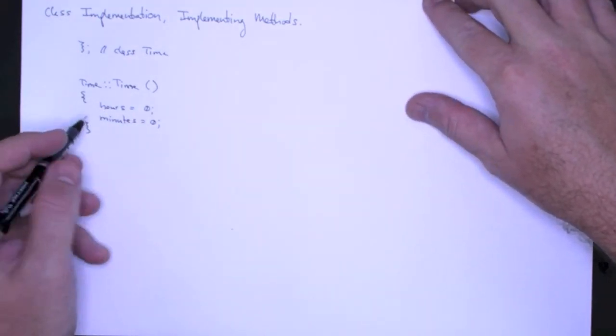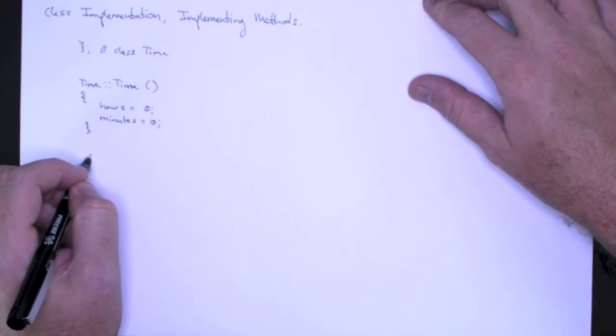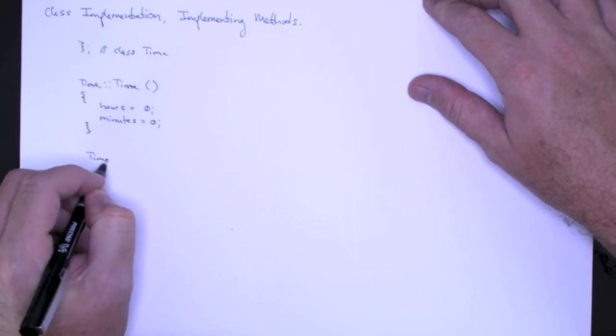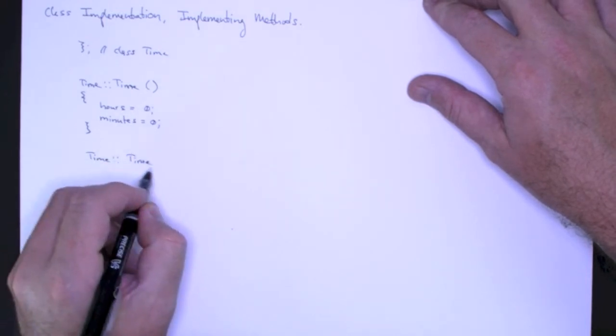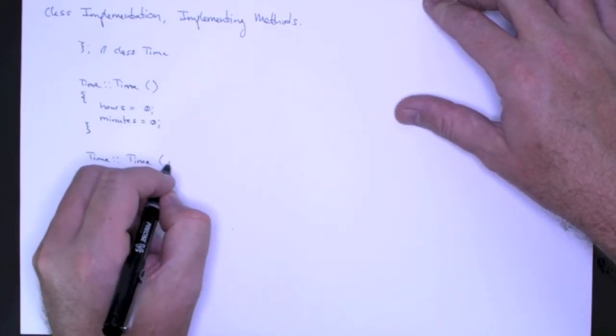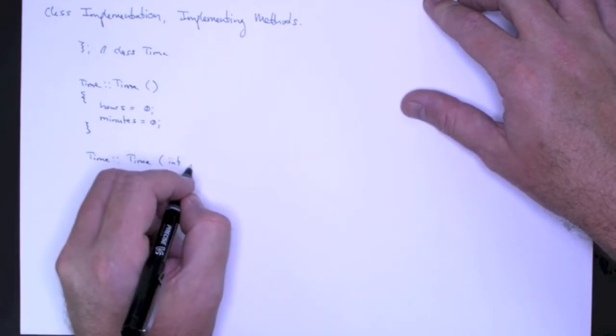Now the explicit constructor, we're going to write it very much the same way. I give the name of the class, the scoping operator, the name of the method. In this case, it's a constructor. And then I write the parameters.